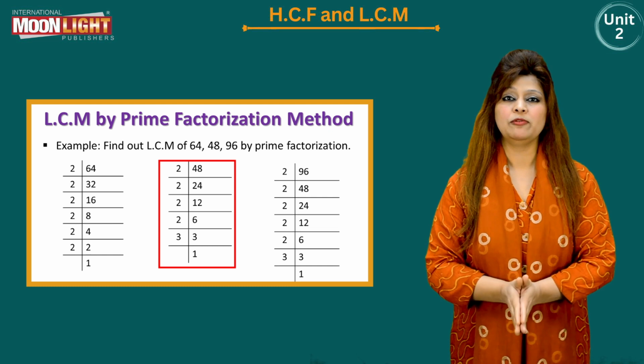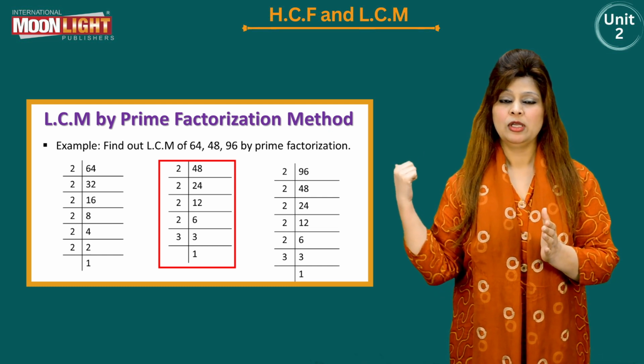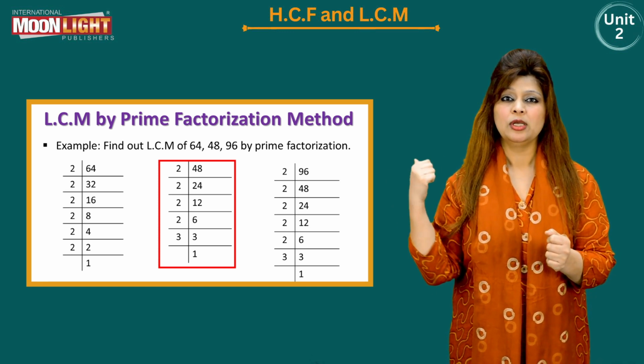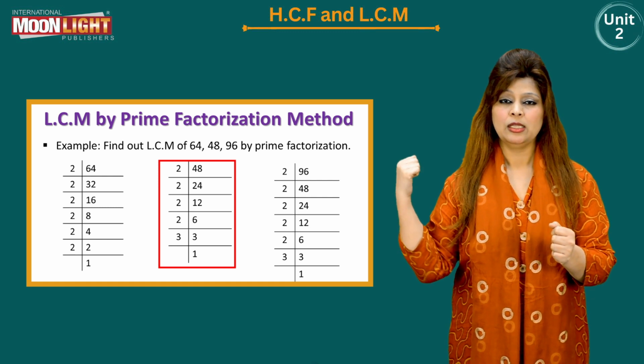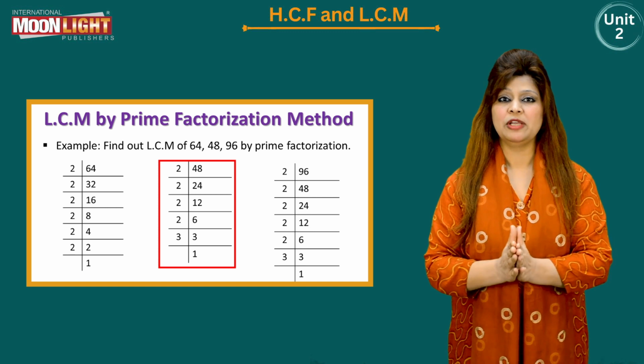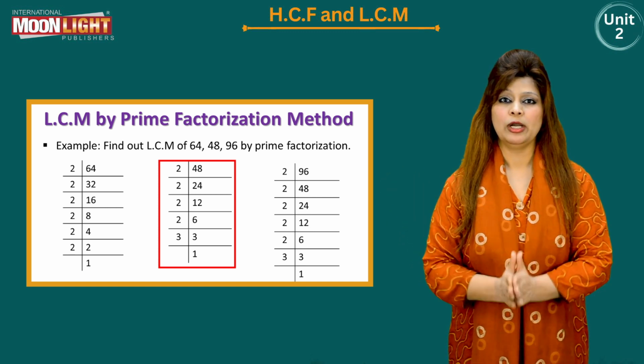Now again I am going to divide this number 12 by the number 2. 2 6s are 12. Now I am going to divide this number 6 by the number 2 and 2 3s are 6. Now this 3 I am going to divide by 3 because 3 1s are 3, and this is the final number which we want actually.